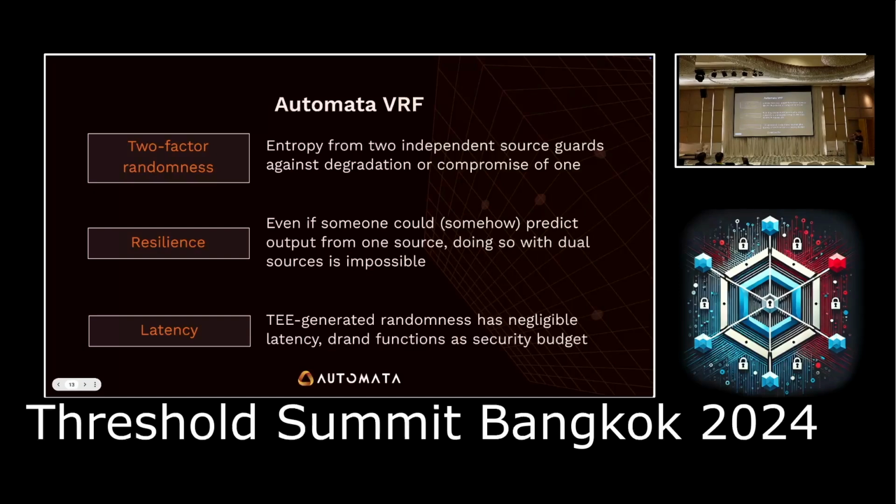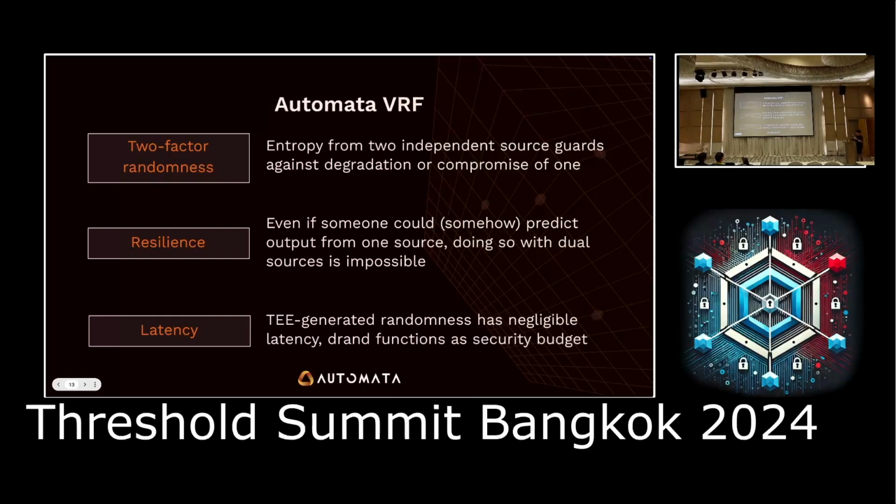And last but not least, compared with the existing DRAND protocol, by using the TEE we can have better latency because it doesn't rely on the decentralized network and the overhead of negotiating the randomness.